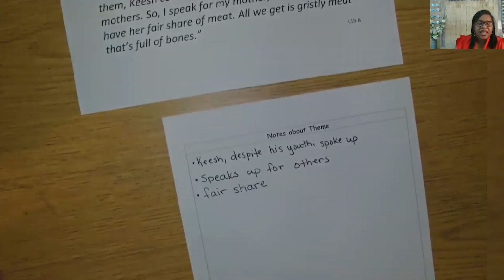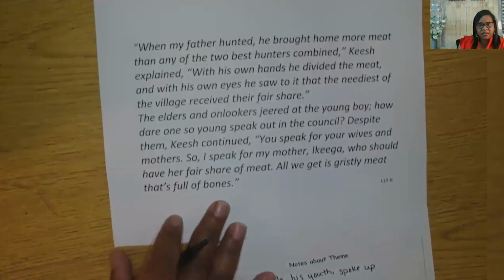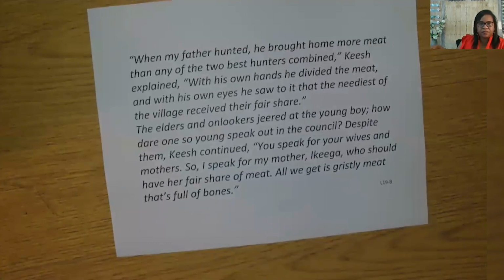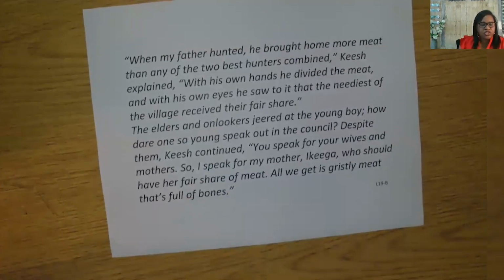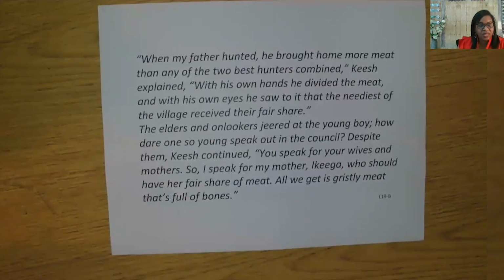Now, I need to look at this part again. What did you notice being repeated? How dare one so young speak out in the council? Yes, the author is mentioning his youth again. I think I'm going to write the whole line on my chart. It feels important.